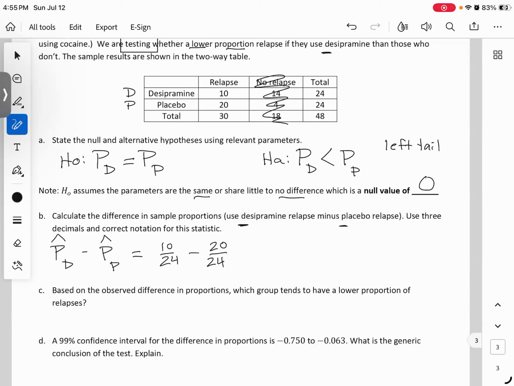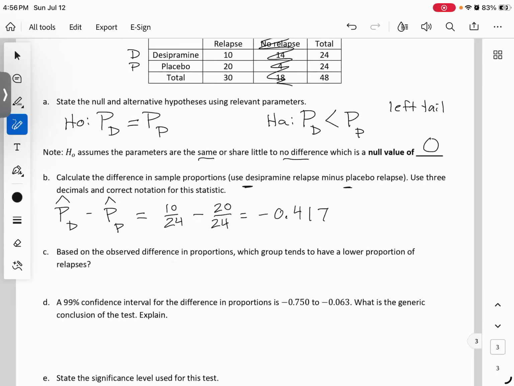Now, here's what I'm going to do. I'm going to just do the fractions in my calculator. 10 over 24 minus 20 over 24. And we get negative 0.416666666, which would be negative 0.417.